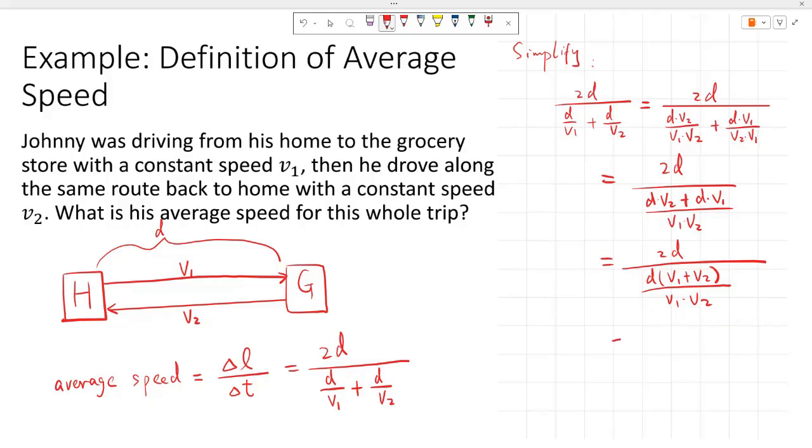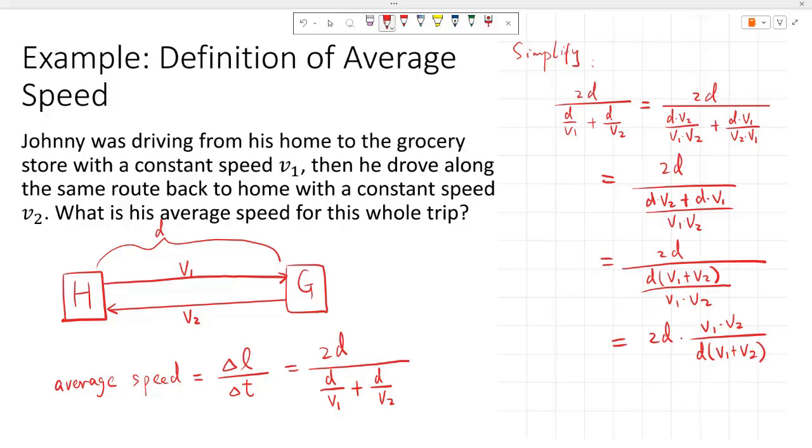So now we have 2d times the reciprocal of this guy, which is v1 times v2 over d, open parentheses, v1 plus v2, close parentheses.